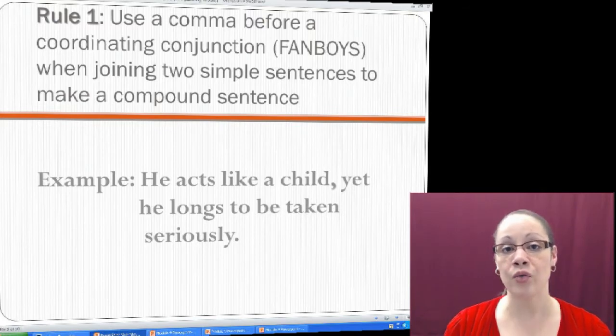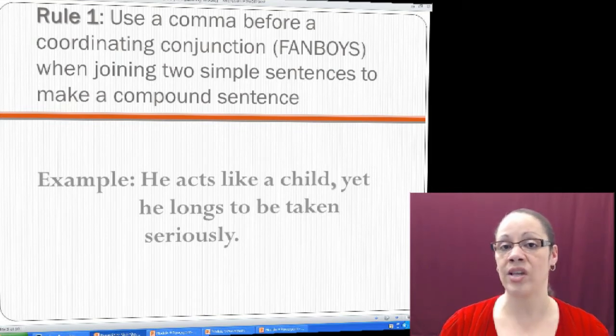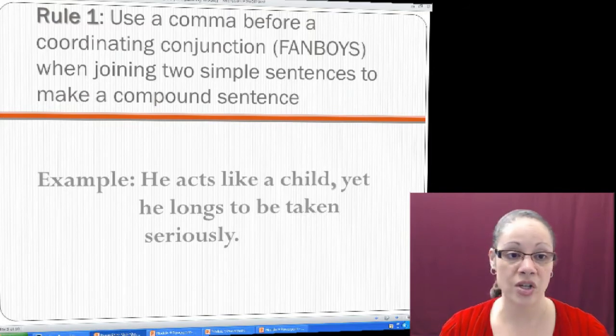And if you remember correctly, we can use the acronym FANBOYS to remember them. And that's for, and, nor, but, or, yet, and so. So again, in module number 1, we learned that the acronym FANBOYS can help us remember those 7 coordinating conjunctions.